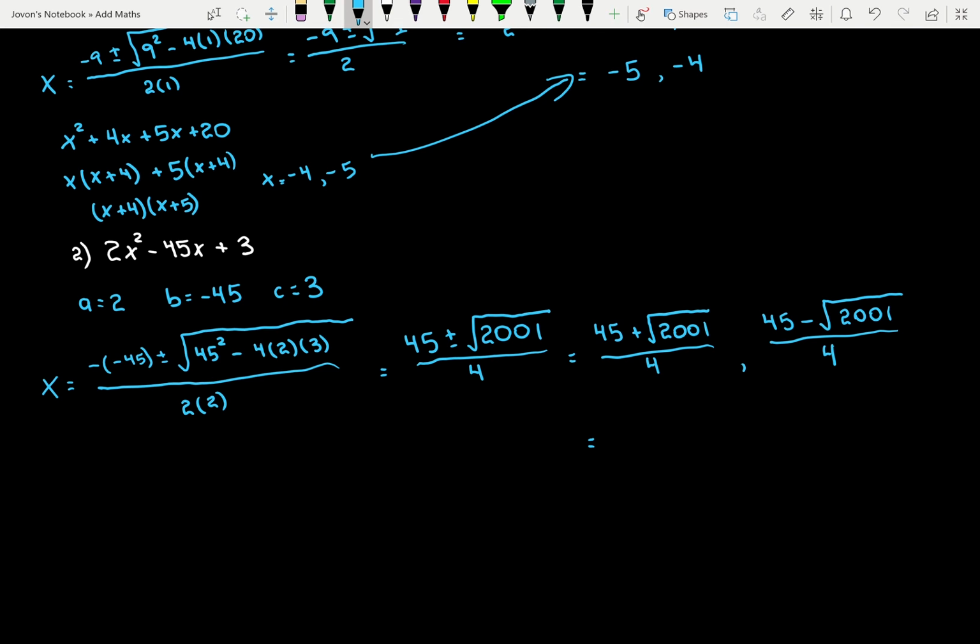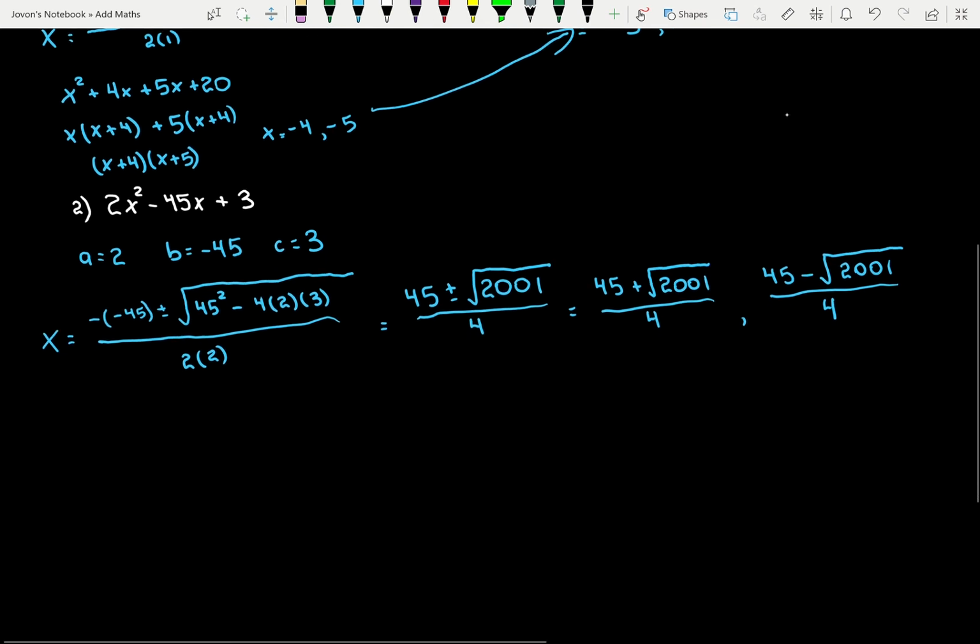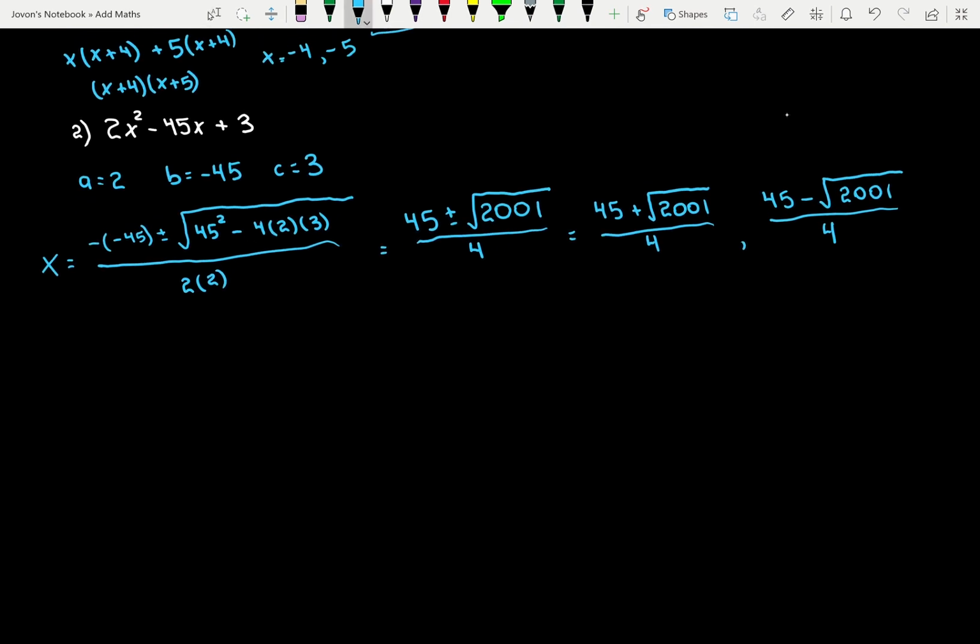Now in some instances you would end up having to find the square root of a negative number, because b squared minus 4ac isn't always positive. So let's say we have another example: 2x squared minus x plus 4.